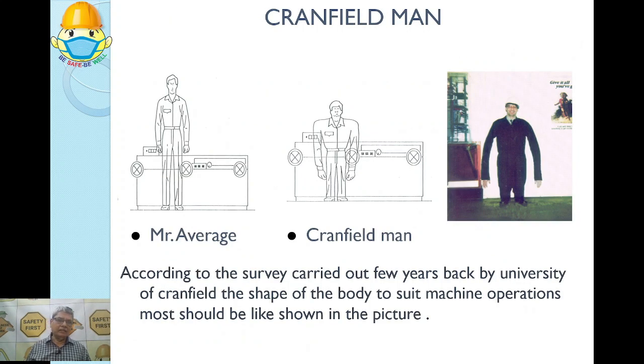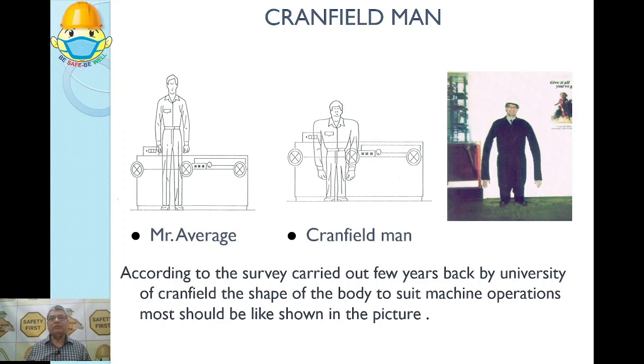Now this is the graphic given by Cranfield University. They call it the Cranfield man. In one picture you can see Mr. Average, and in another picture you can see the Cranfield man.